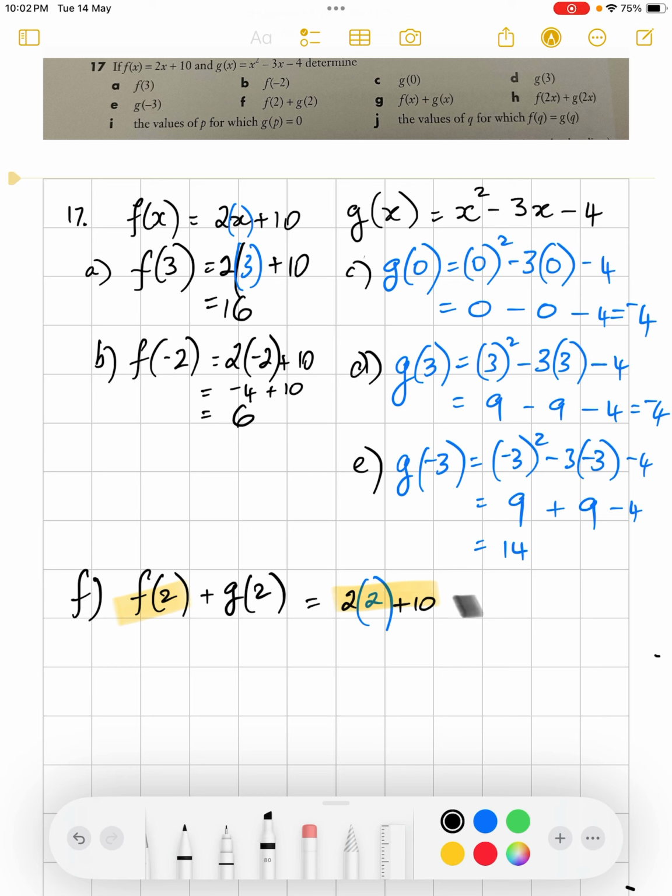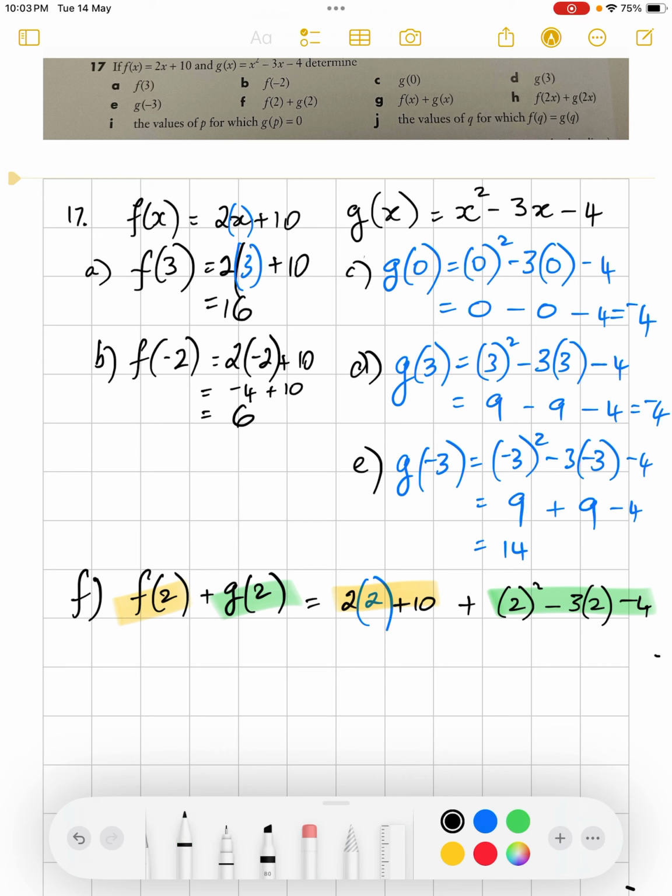And now the g function. So we put 2 in the g function, which is 2 squared minus 3 times 2 minus 4. So you see, I'll make that green, put 2 in the g function, and that's what it looks like.